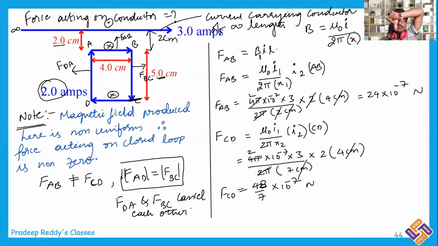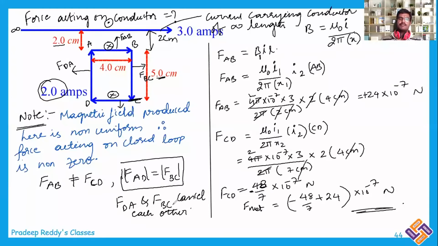Thumb represents the force. So this is downward. Downward I am taking as negative, upward I am taking as positive. So this is plus and this is minus. Therefore, F net will be equal to minus 48 by 7 plus 24, into 10 power minus 7 Newton. This is the final expression for the force acting on the square loop.